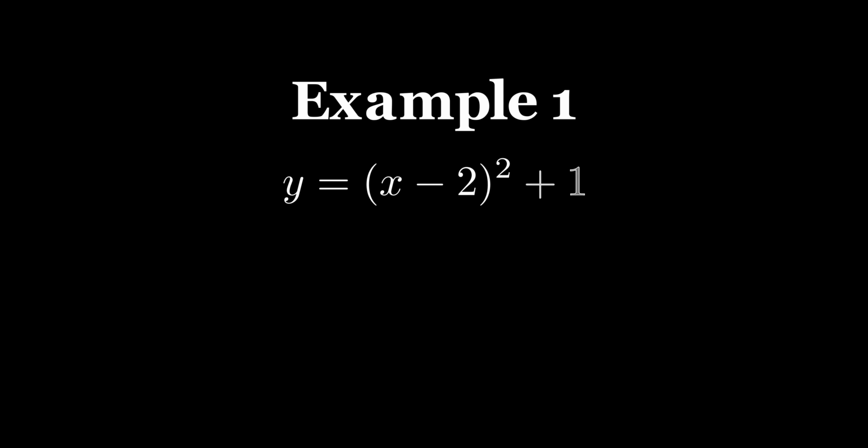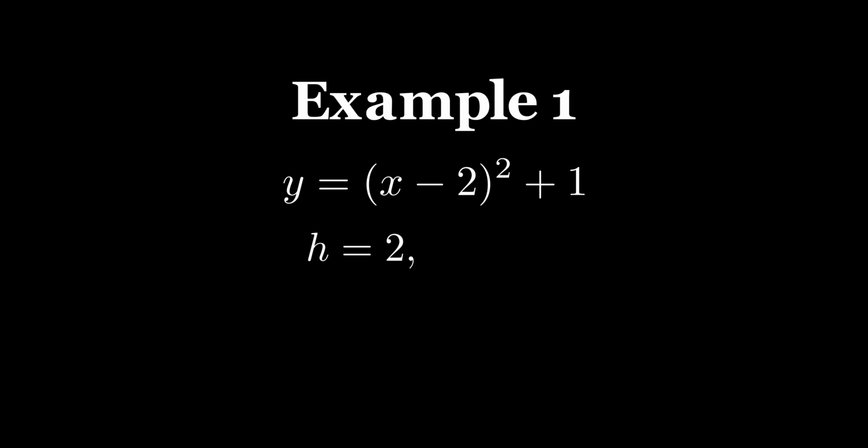Let's begin with the simplest possible case. y equals the quantity x minus 2 squared plus 1. This function is already in vertex form. We do not need to rewrite anything. The number inside the parentheses tells us the horizontal shift. The -2 means the graph is shifted 2 units to the right.